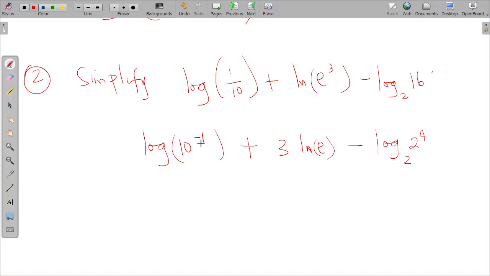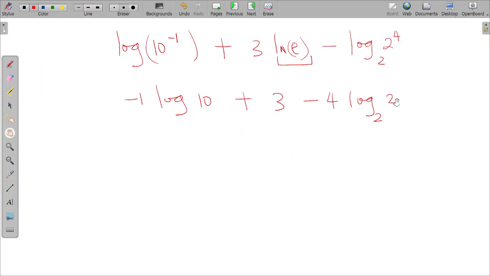Now I can bring the power down: minus 1 log 10, plus 3 ln e. The exponential and ln are inverse functions, don't forget that, so ln e becomes 1, and I have 3. Then bring down the 4: minus 4 log base 2 of 2, and you know this is supposed to be 1.